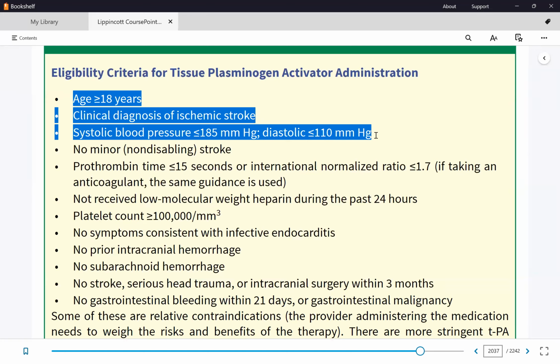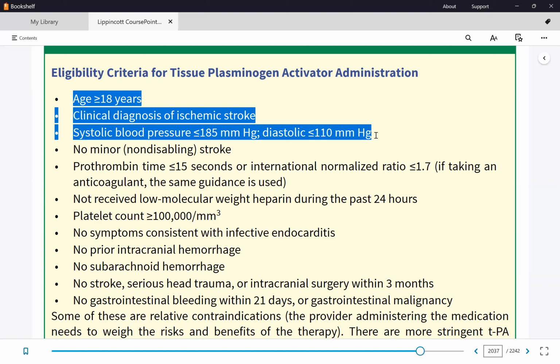It doesn't have to be both because sometimes the diastolic is normal in some instances. So it's either or. Either your systolic is less than or equal to 185, or diastolic is less than 110. But if one of them is elevated, we cannot give alteplase.